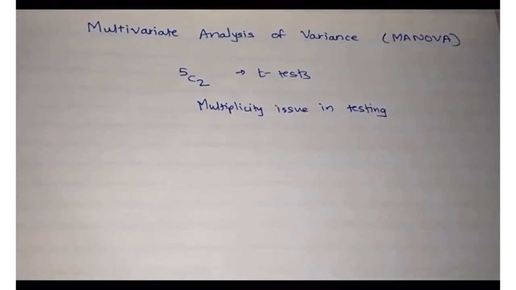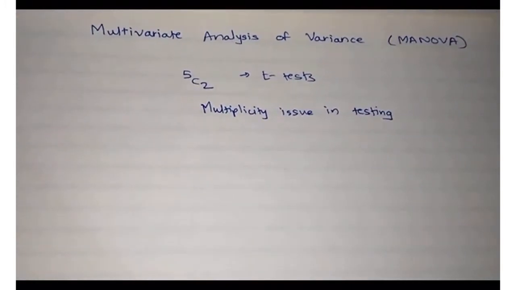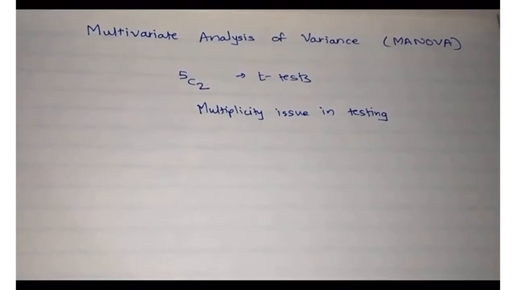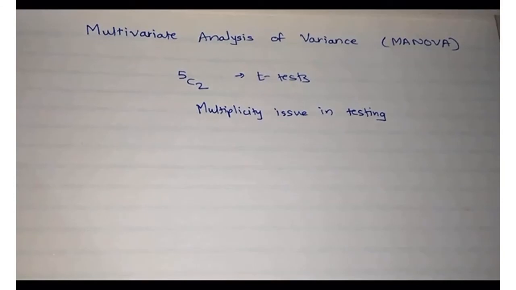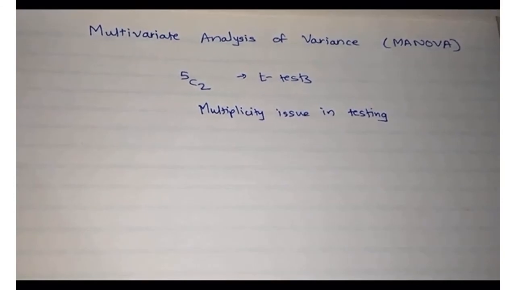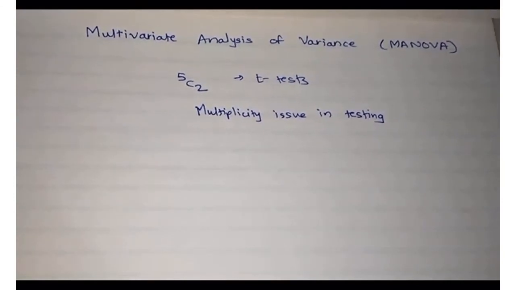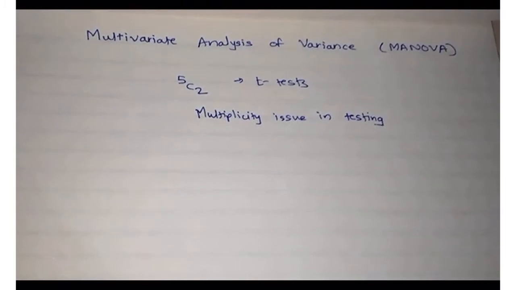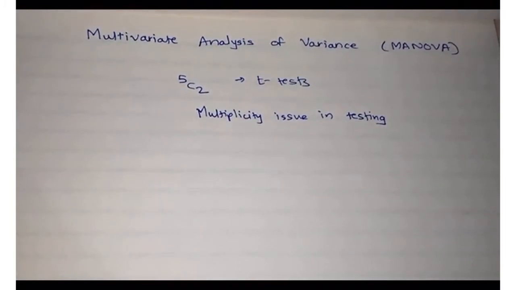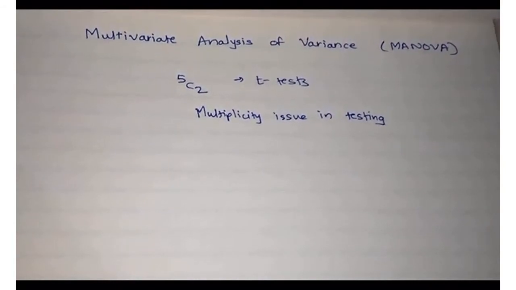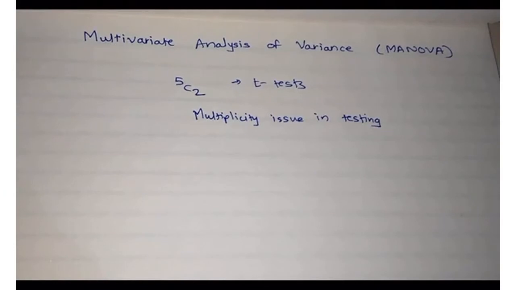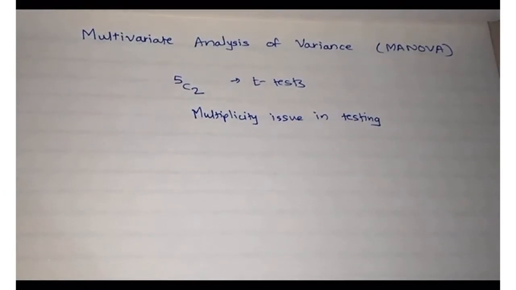Every statistical test is associated with two types of error, type 1 error and type 2 error. Here, I'll be focusing only on type 1 error. So, type 1 error is when you reject H0 even though it is actually true. So, in the t-test setup, it would be you falsely claim that the two means are different even though they are actually the same. That would be type 1 error.